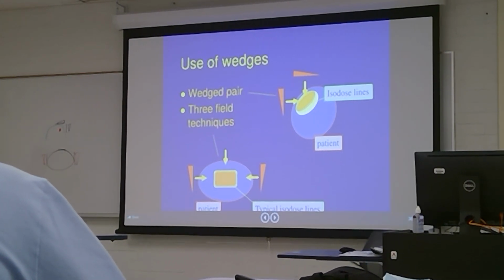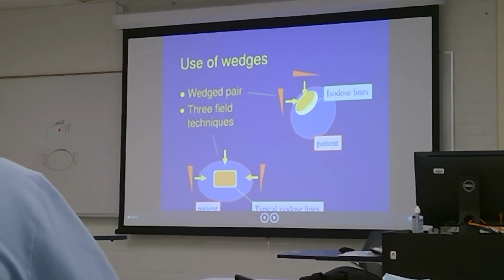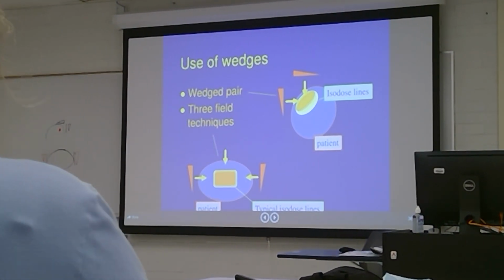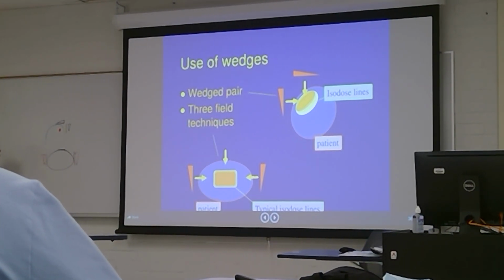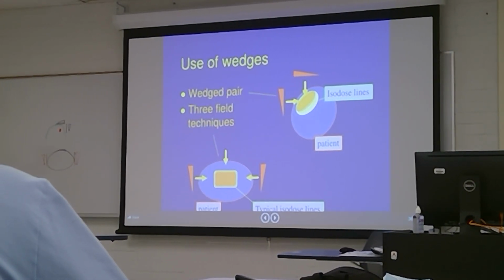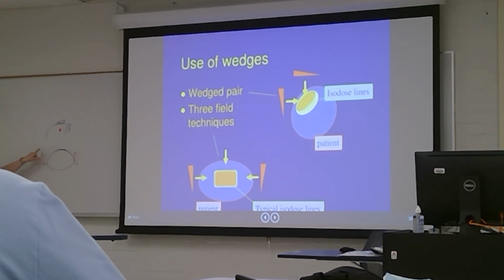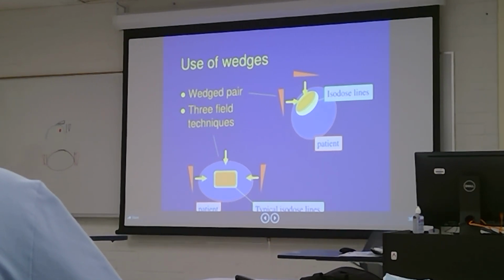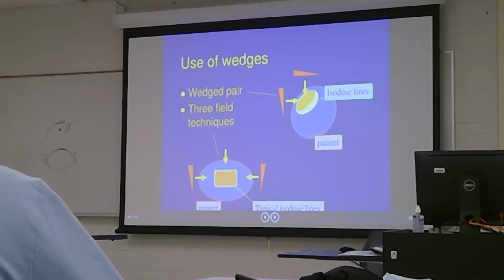If you have a slope, then you have to put a wedge in, if you're doing 3D. If you're doing IMRT, that's another matter. Okay? And your thick end again, the same way. You wouldn't put an AP wedge in because you'd have to have it both ways.